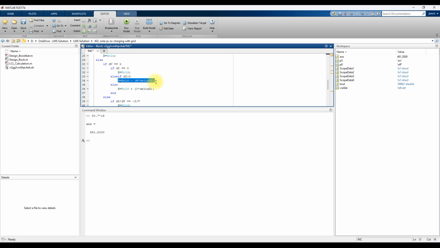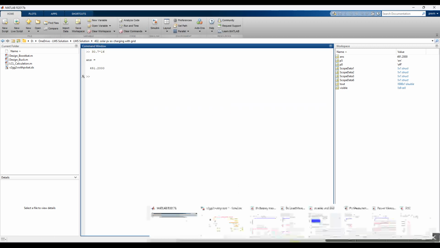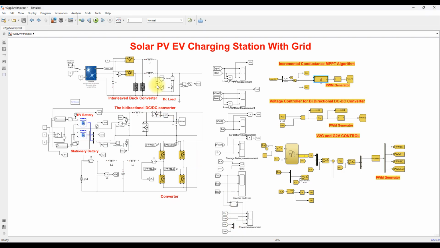Based upon the incremental conductance, we increment or decrement the duty cycle. This keeps on executing to find the duty cycle for the interleaved buck converter, to step down the voltage from 500 to 400 volts as well as extract the maximum power from the PV.